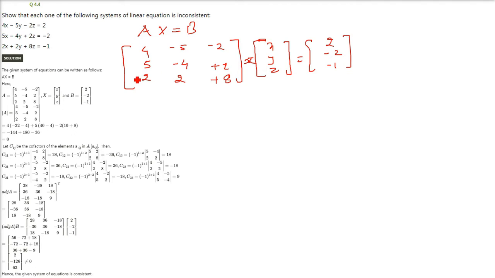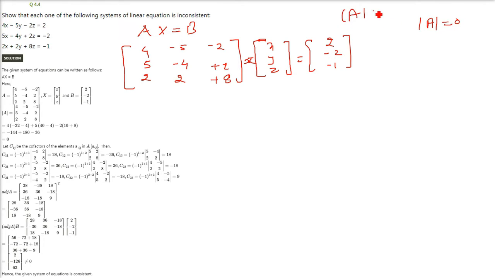Now we have to find the determinant of A. Let me revise it for you. If the determinant of A is not equal to 0, you will get a solution, it is consistent.